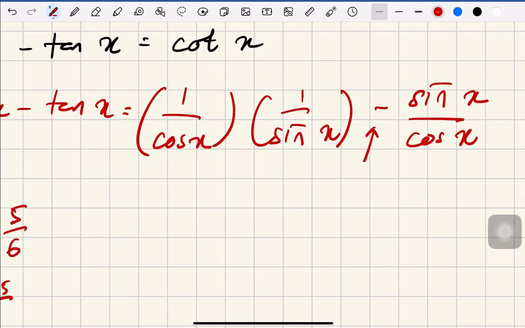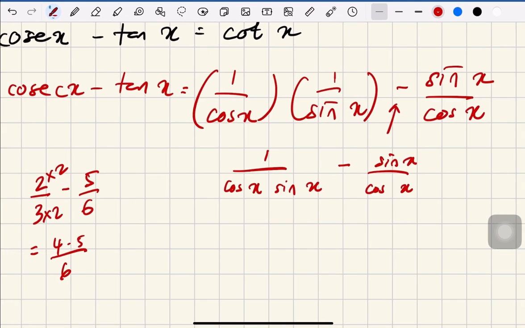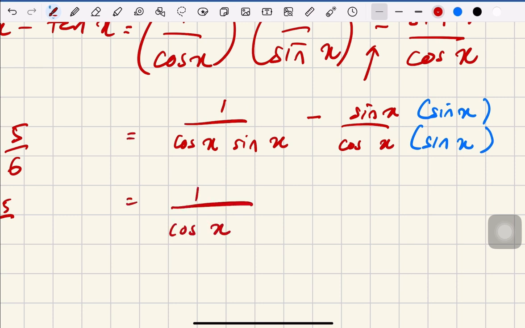This is also a subtraction of fractions, where we can see this one is 1 over cos x sin x minus sin x over cos x. So how do we make them the same? The denominator, we multiply this one with sin x, and the top also with sin x. So it becomes 1 over cos x sin x minus sin squared x over cos x sin x.